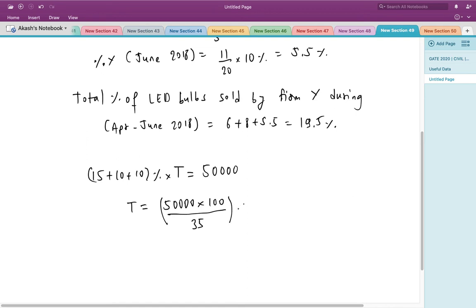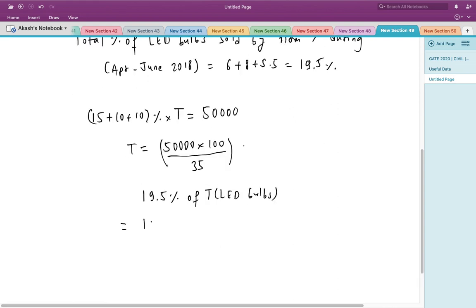That would be equal to the percentage of the LED bulbs sold by firm Y times the total number of LED bulbs sold by both the firms, that is 19.5% of the total number of LED bulbs, which would be 19.5 divided by 100 times 50,000 times 100 divided by 35, which would give me 27,857.1428. This is the total number of LED bulbs sold by firm Y during April to June 2018.